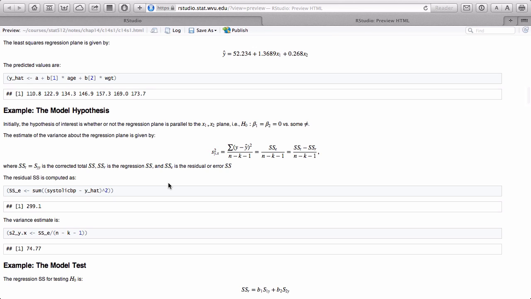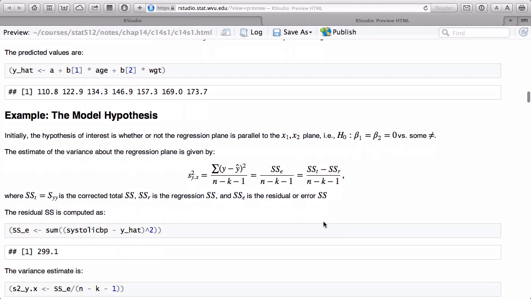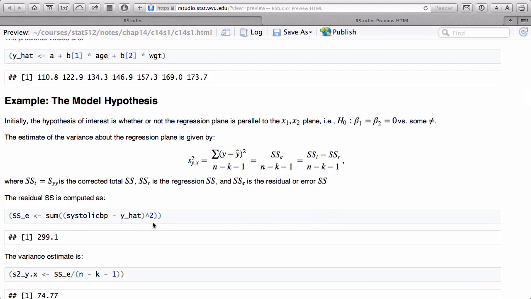So I'm going to divide by the degrees of freedom, which is n minus k minus 1. So I can take the sum of squares of the residual divided by n minus k minus 1, and that's just the total sum of squares corrected minus the sum of squares for the regression, and I can get the variability about the regression line.